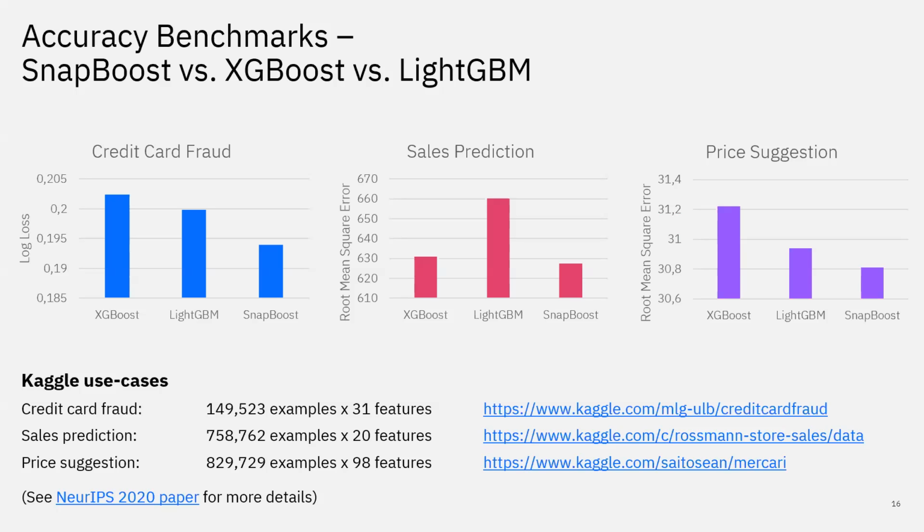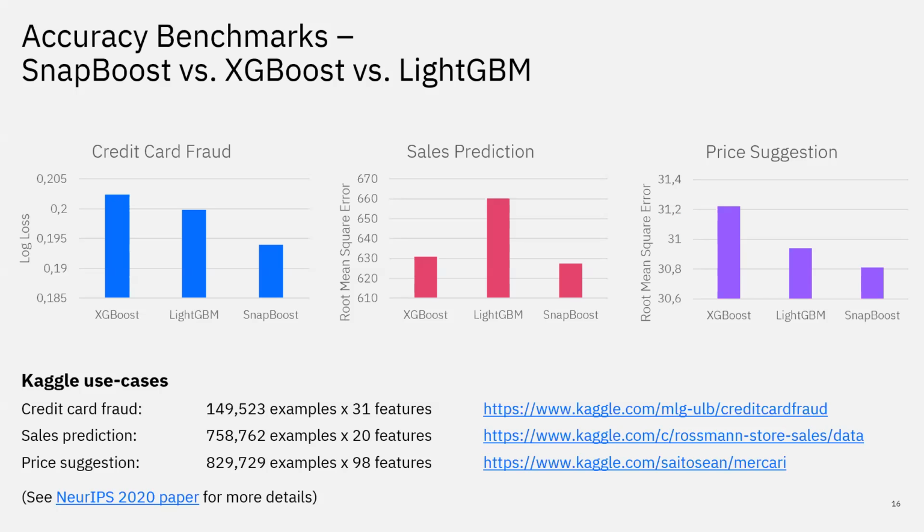So we took 3 data sets from the Kaggle platform. Kaggle is a platform where people compete to see who can find the most accurate machine learning solution for various different interesting tasks.